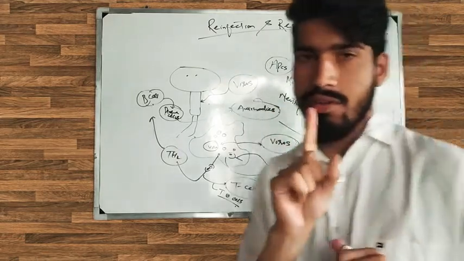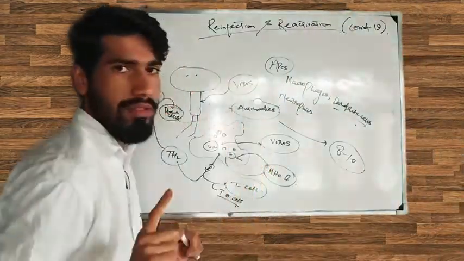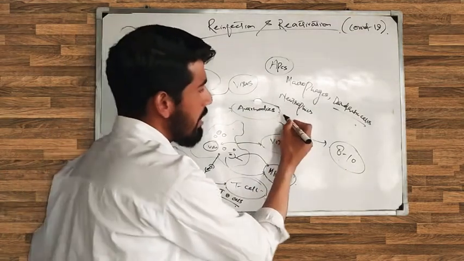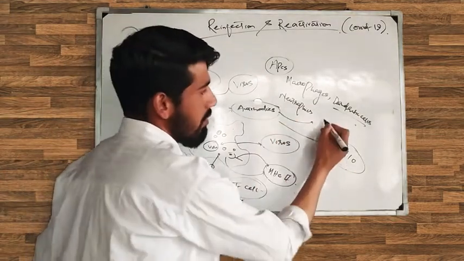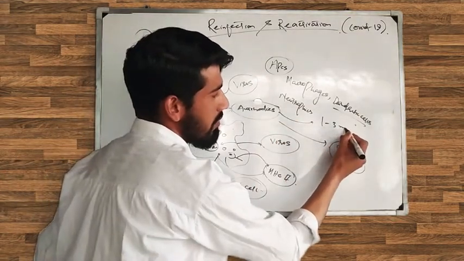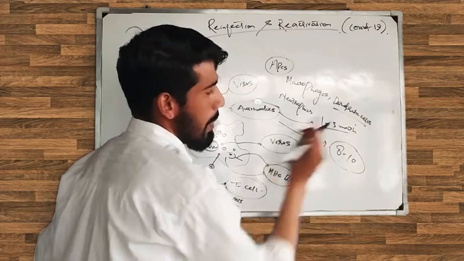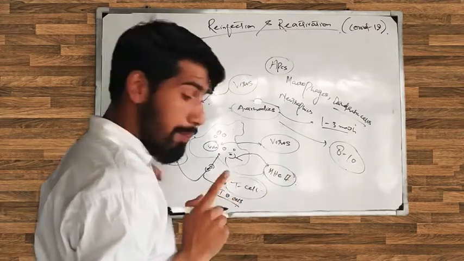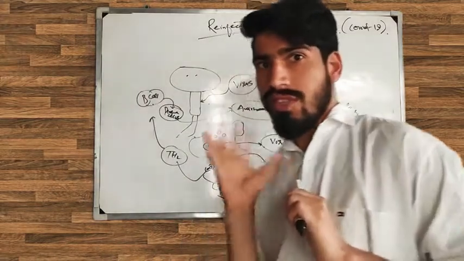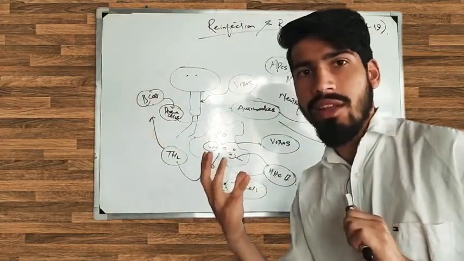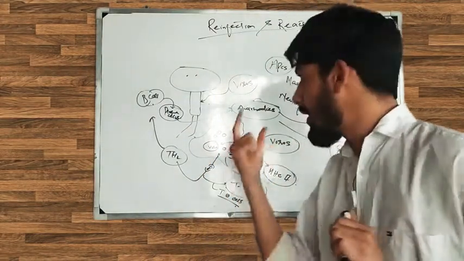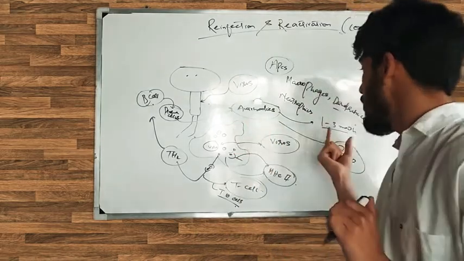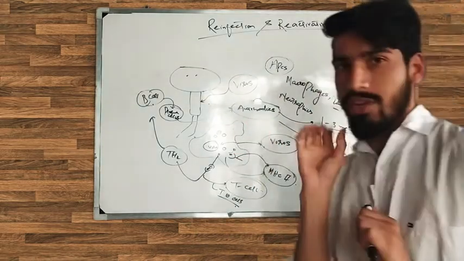First of all, we talk about the lifespan of the antibodies. The antibodies lifespan is 1 to 3 months. But as we said, the antibodies will remain there for a long time. But here we said the antibodies may remain only 1 to 3 months.